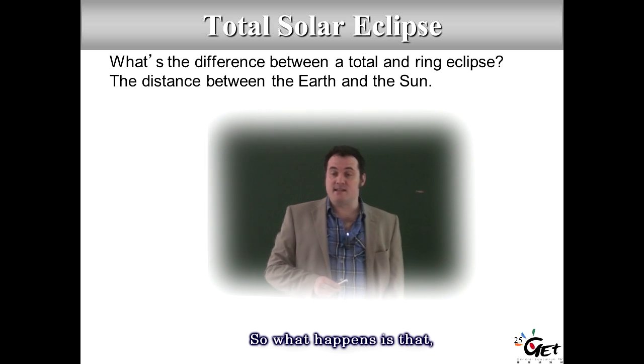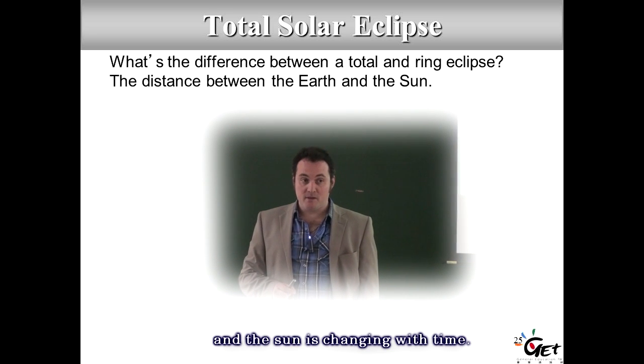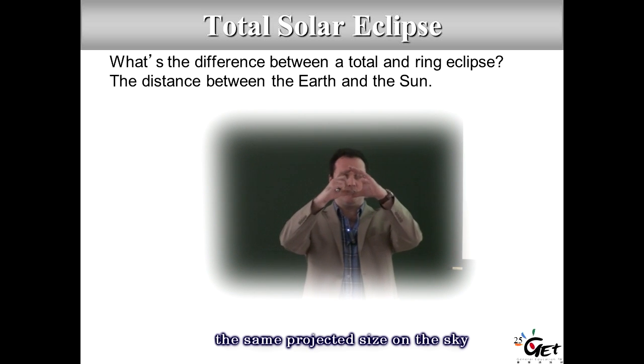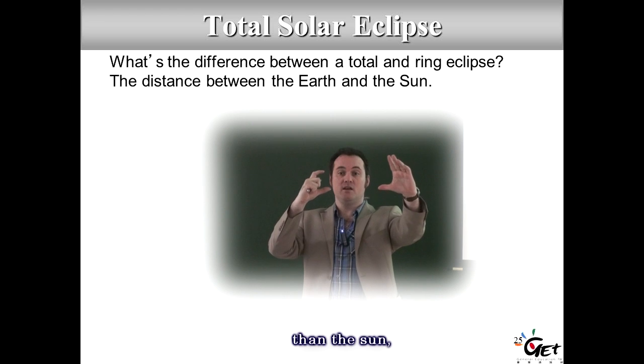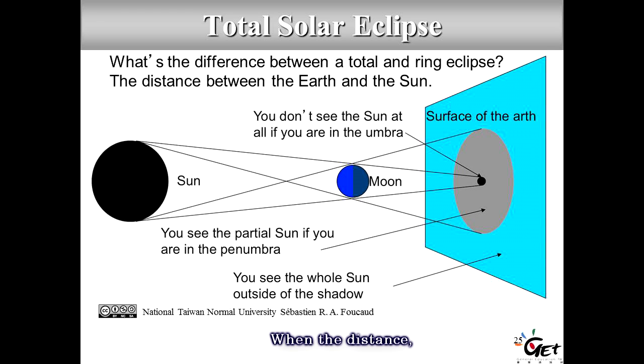What happens is that, you remember, the distance between the Earth and the sun is changing with time. So sometimes the moon is exactly the same projected size on the sky as the sun, and sometimes the moon is slightly smaller. So when the configuration is such that the projection of the moon is exactly the same angular size as the sun, you have a total eclipse.